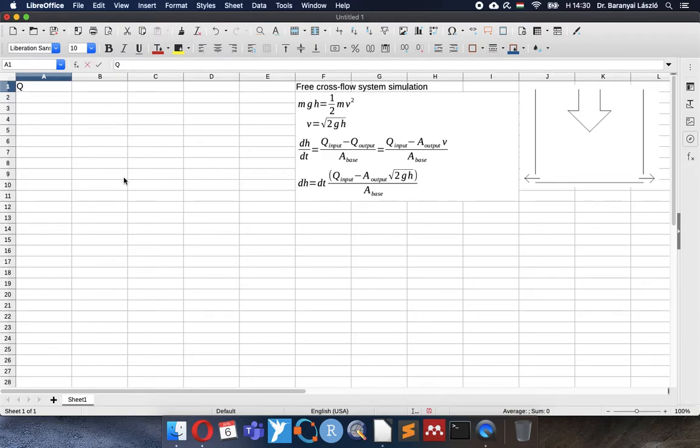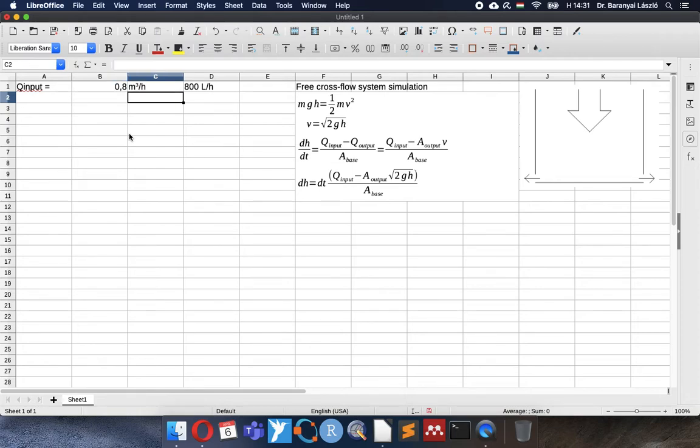So the input stream will be in cubic meter per hour. Typically, if we use our tap water at home, it can reach 800 liter per hour stream. So I will transfer it to cubic meter per hour. It is 0.8, as 1000 liter is 1 cubic meter.